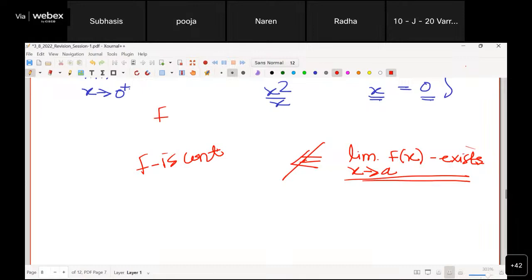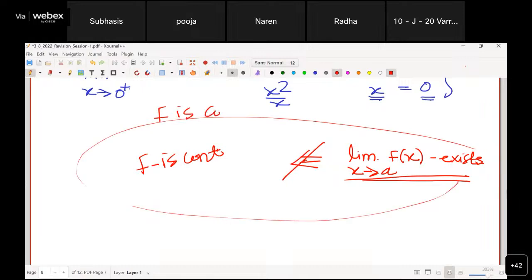So this statement is true: if f is continuous, then the limit exists. But if the limit exists, from there itself I can't say that the function is continuous.